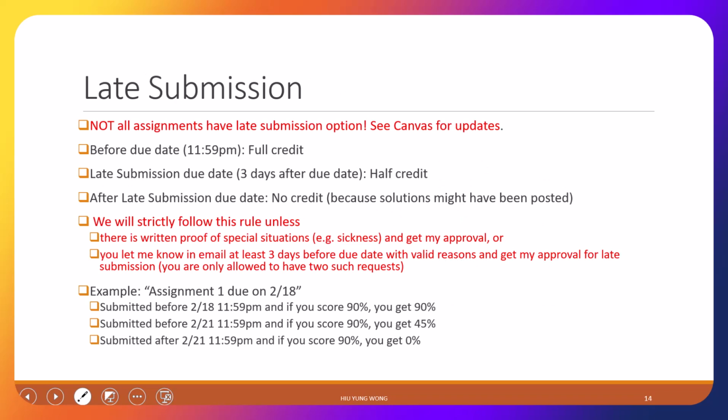And here I need to be very strict, very clear. I want to be very clear to all of you about the submission. I am a very strict person, because I came from industry. I worked for 12 years. If you miss the deadline by 1 second, you cannot sell your product.